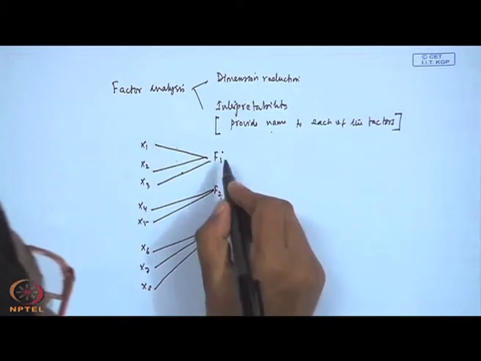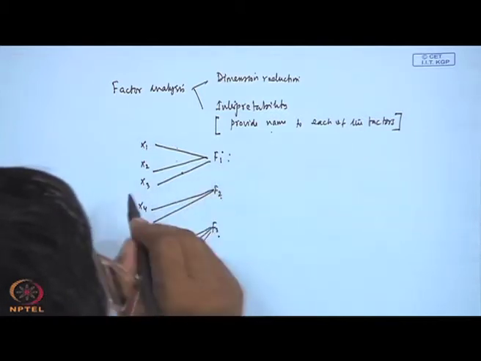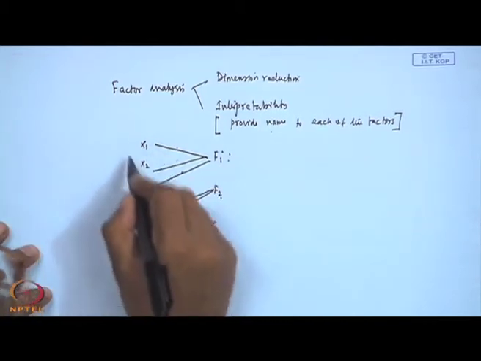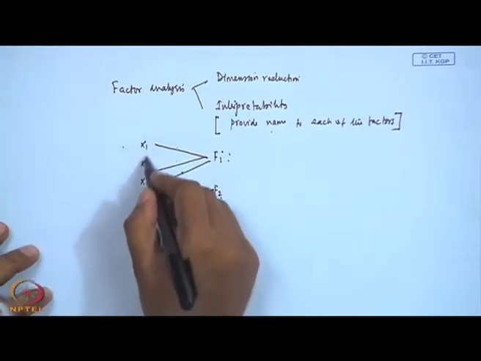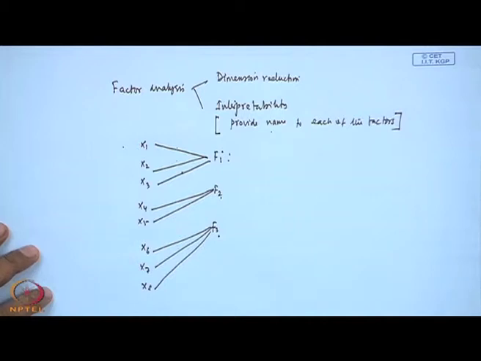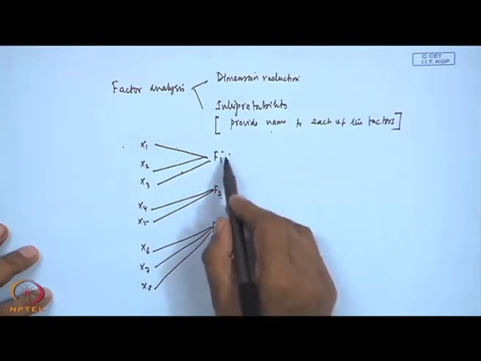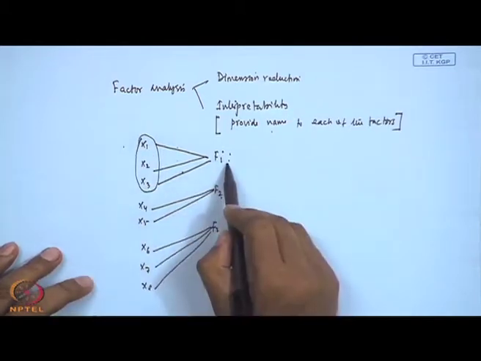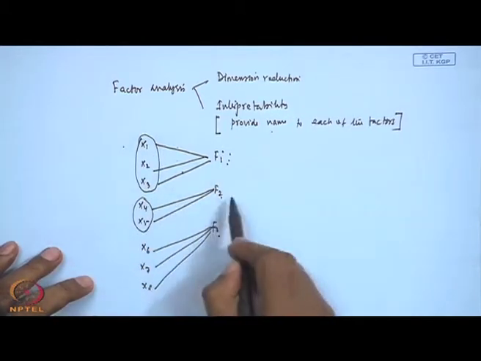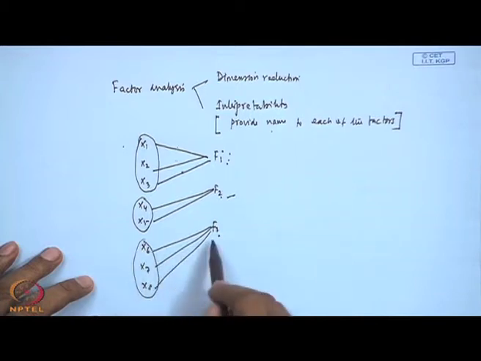Then we can probably name these factors considering what these variables are, what is the nature of these variables. The name will be governed through these 3 for F1, these 2 for F2, these 3 for F3.